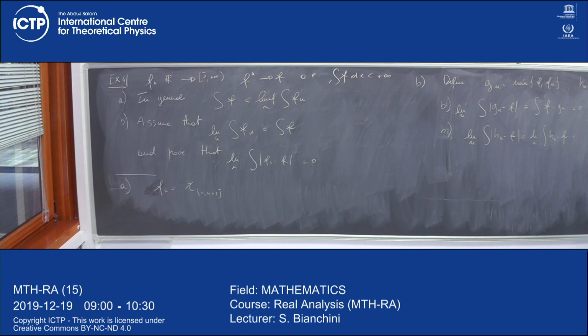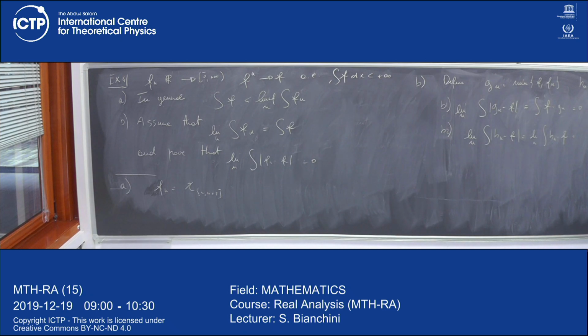So let me see. I give you f, I give you fn, and this is hn minus f, and this is gn minus f. This difference is gn because gn is this point.